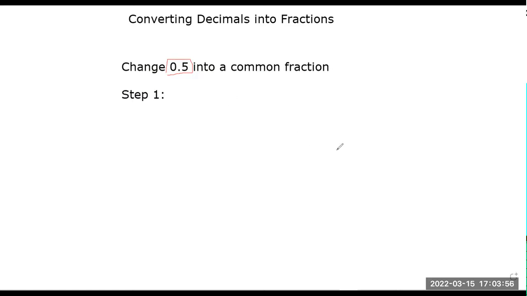Right? So let's go back. The first step would be to write this as 5 over 10. Now, why are we writing it as 5 over 10?